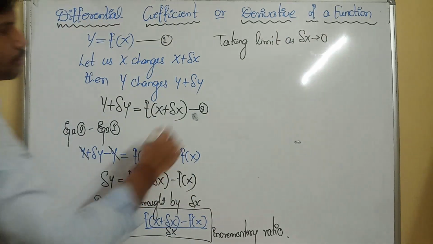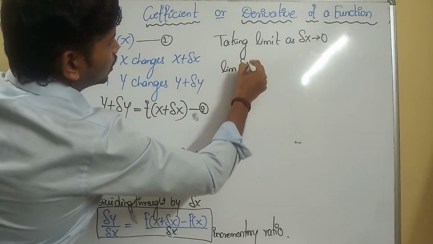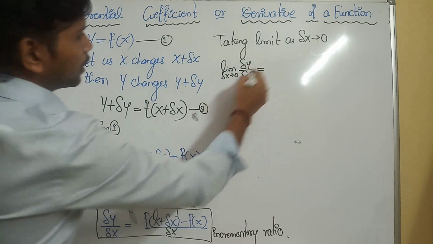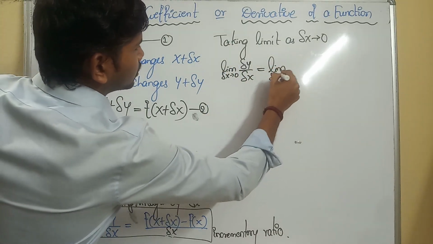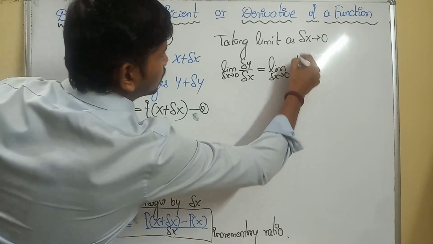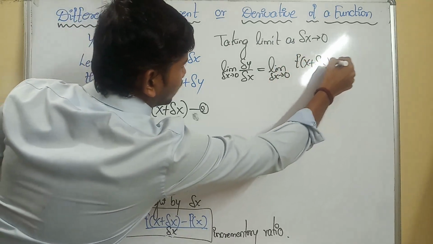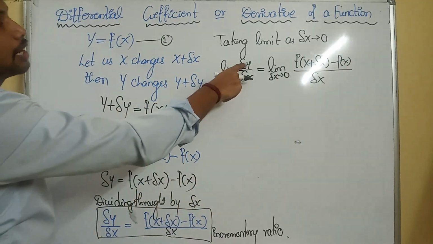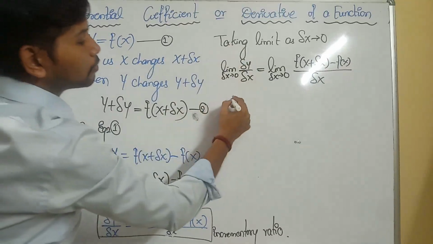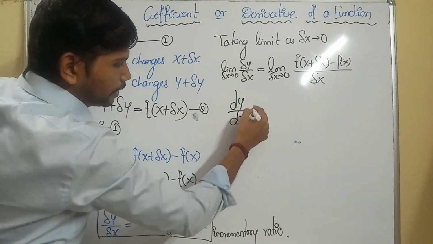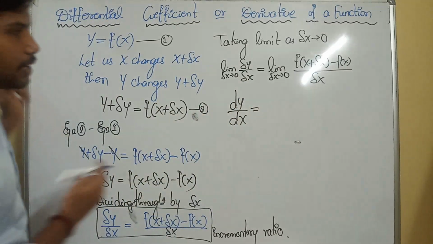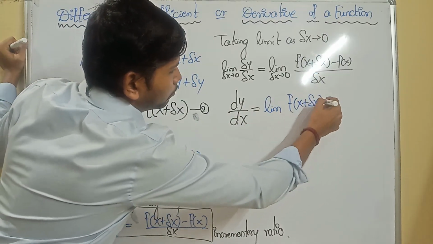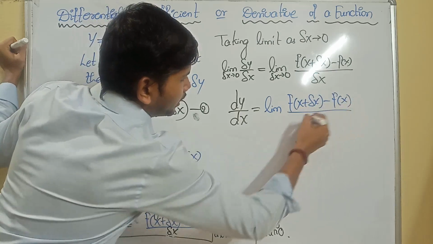Now I'd like to write this as the limit of delta y by delta x as delta x tends to 0 is equal to, on the right part, the limit as delta x tends to 0 of f of x plus delta x minus f of x divided by delta x.